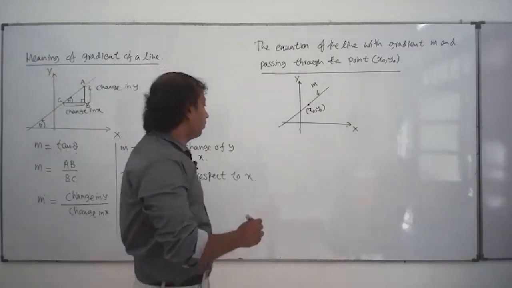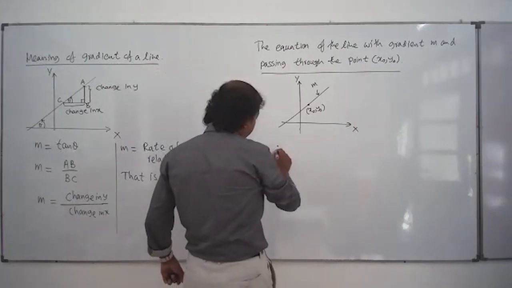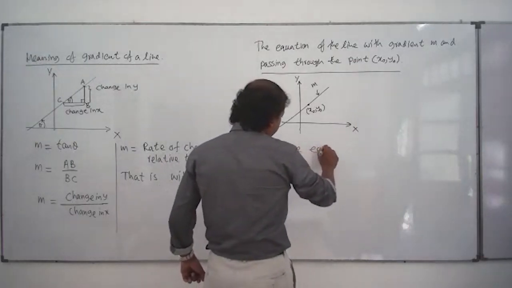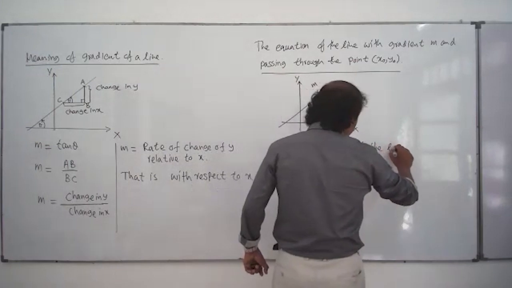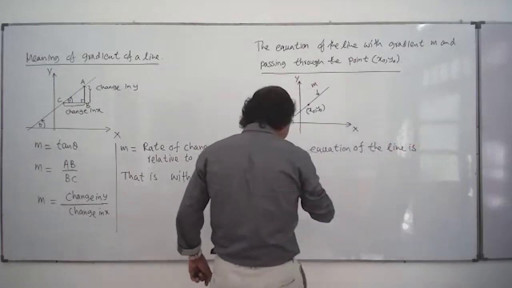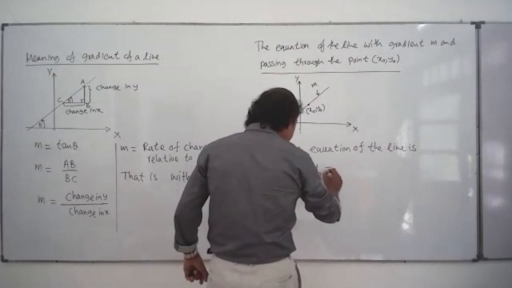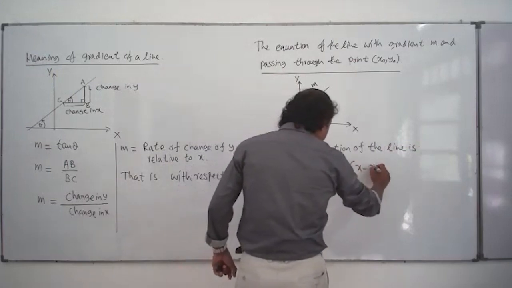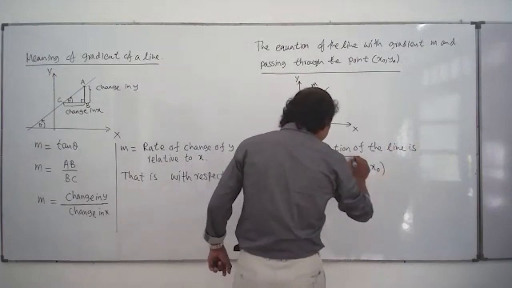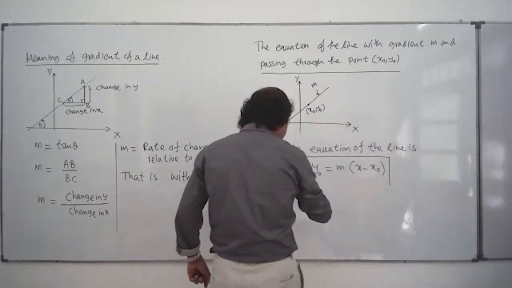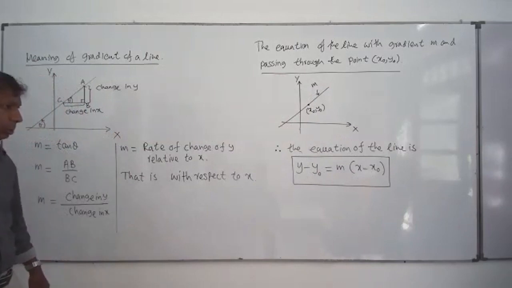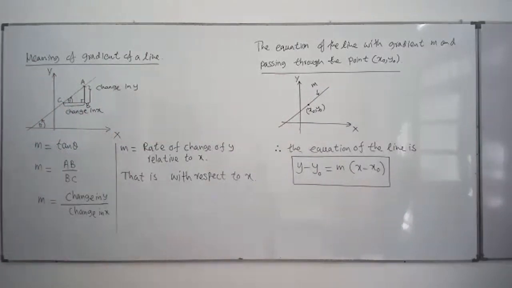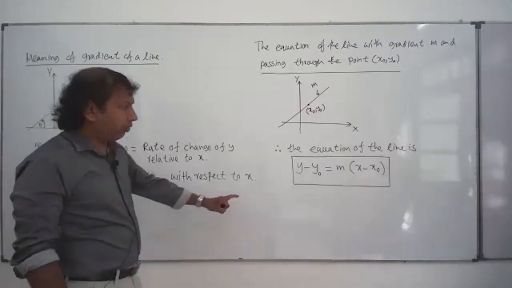Then the equation of the line, therefore, is y minus y naught equals gradient times x minus x naught. Draw this diagram and obtain this result. Write down this result.